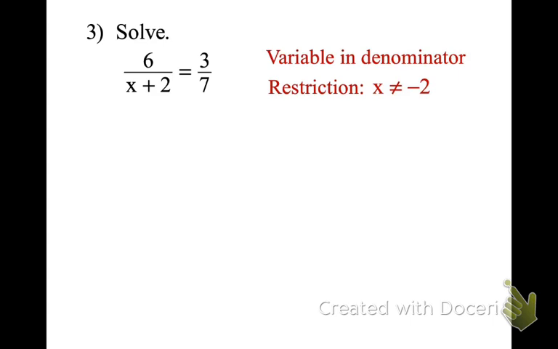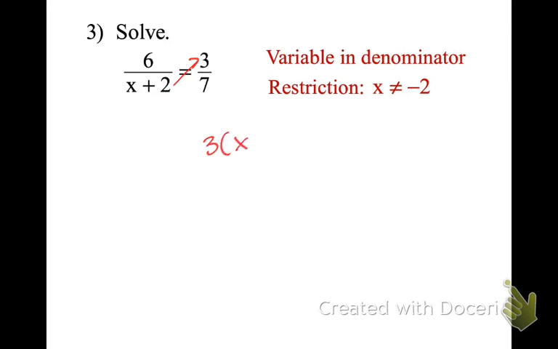So now we are multiplying. We can do a cross product only if it's a fraction equals a fraction. I multiply the denominator times the opposite numerator.